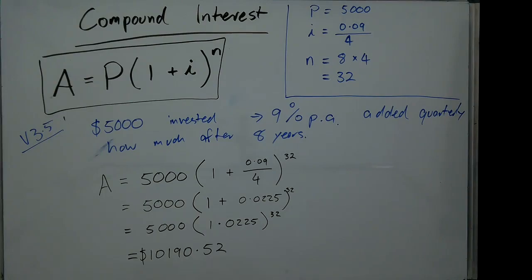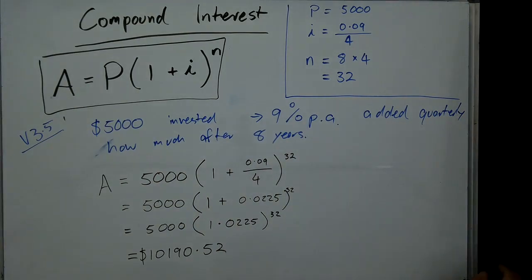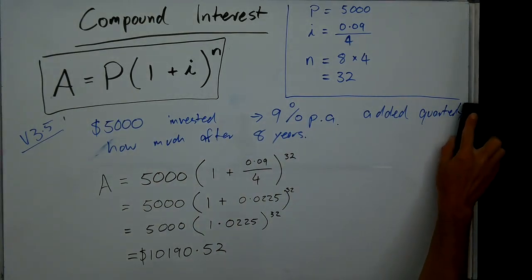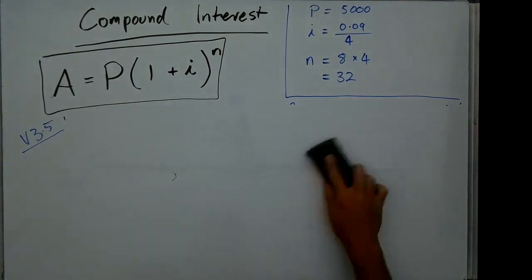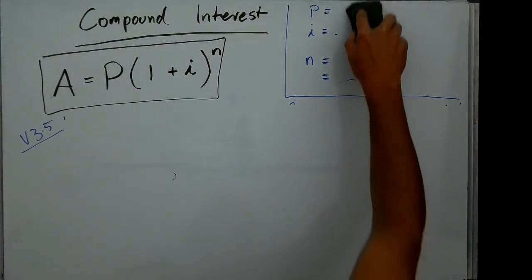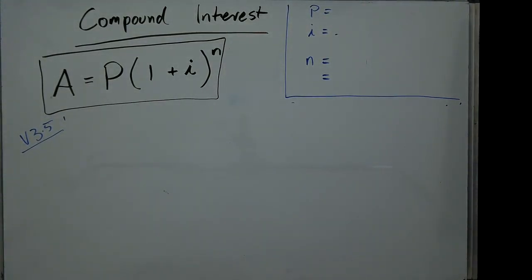Okay, so the next question, same sort of thing, except these numbers will change. And I'll do that. See what's going on. So this question, find the total amount of interest added.